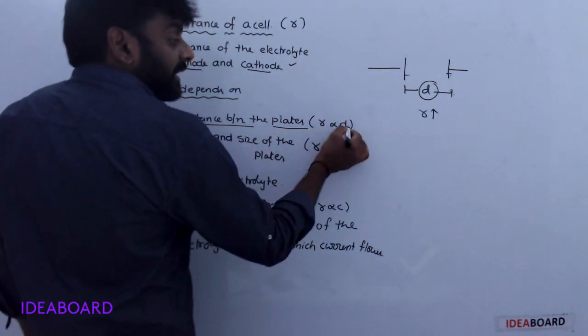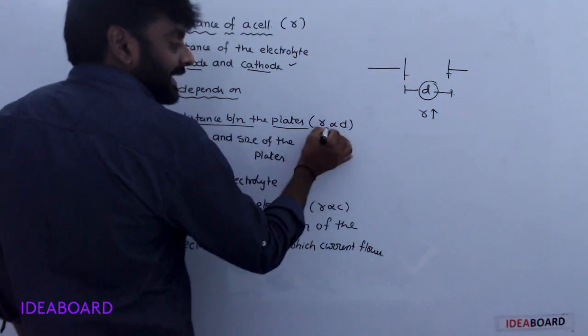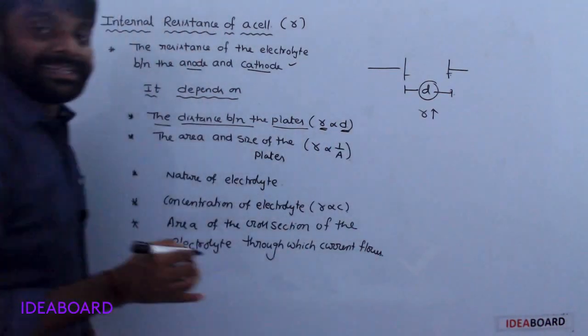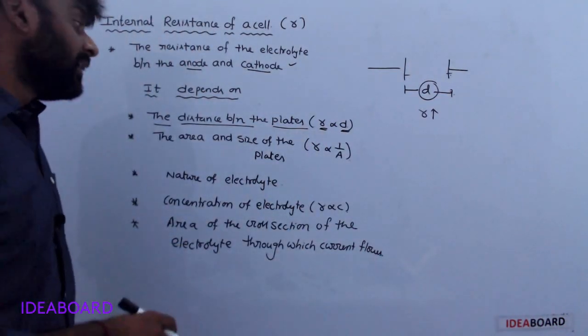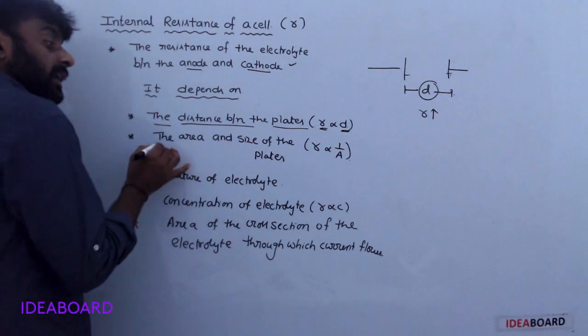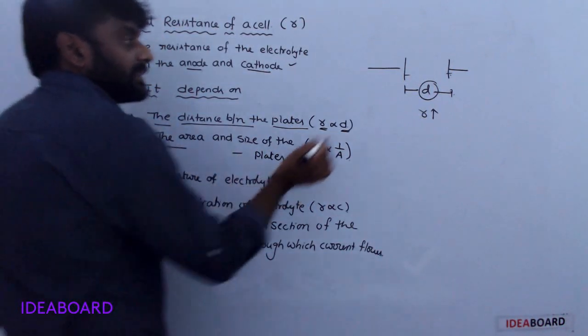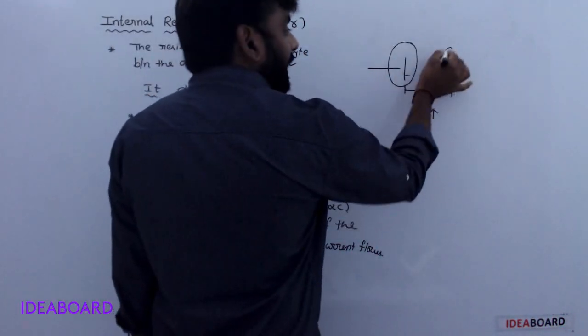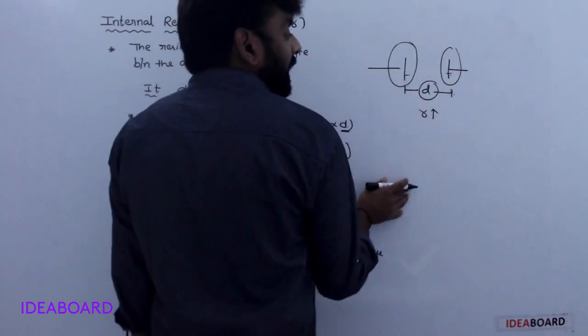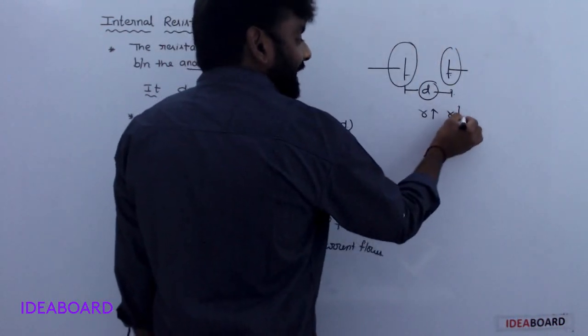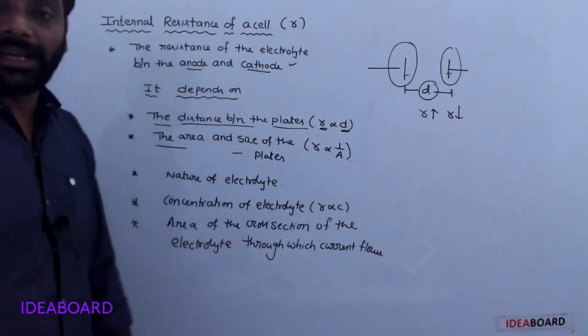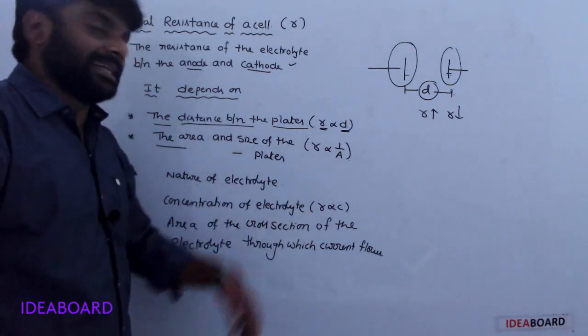Next, the area and size of the plates. If the area and size of the plates increase, internal resistance automatically decreases.